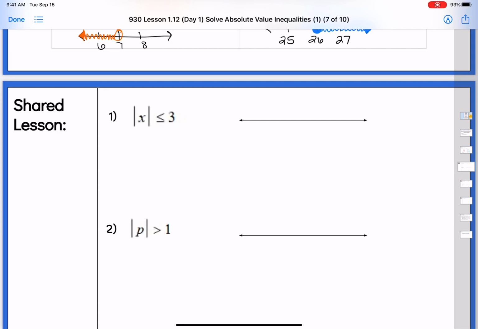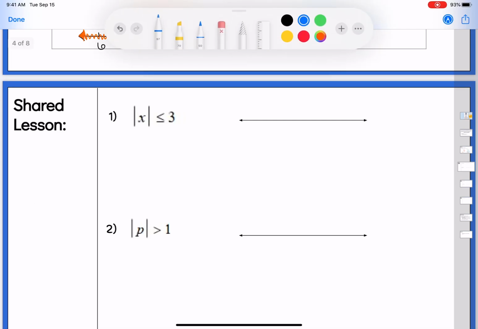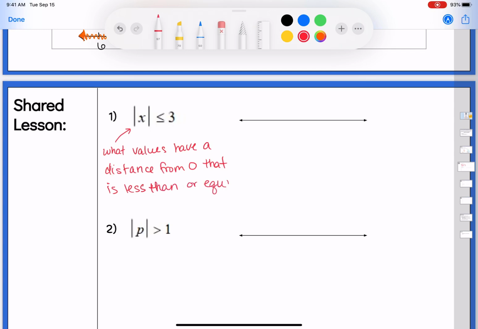All right, so the last couple of days we've really been thinking about absolute values and remembering that absolute value means the distance from 0, right? So what this absolute value is asking is what values have a distance from 0 that is less than or equal to 3, right?